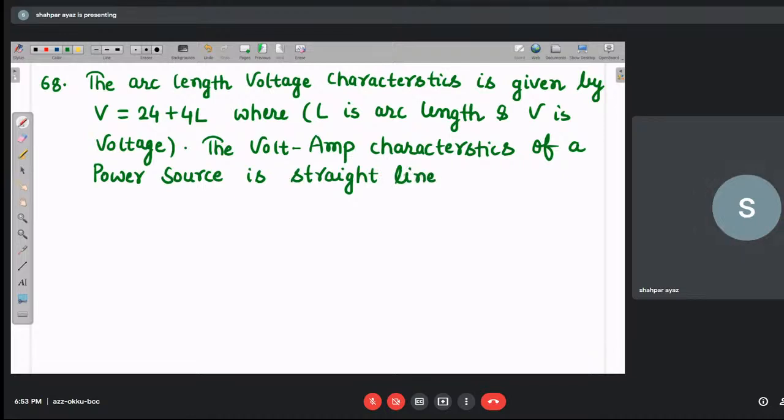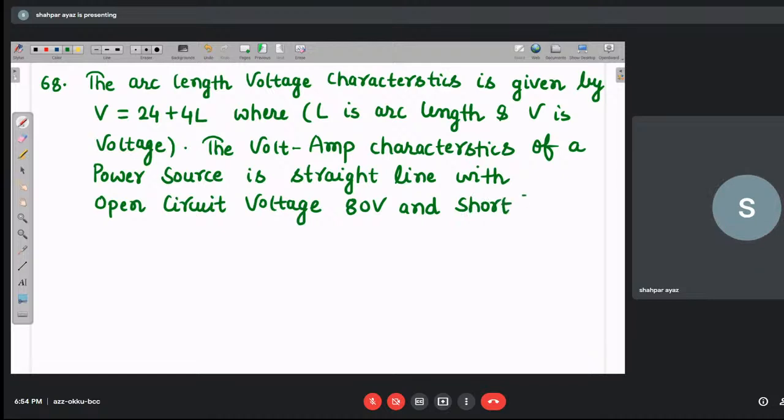With open circuit voltage 80 volt and short circuit current 600 ampere.